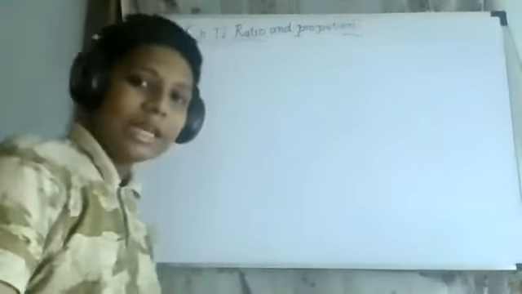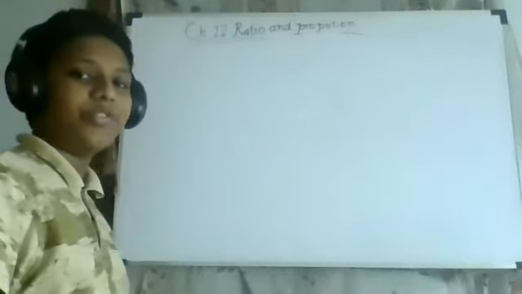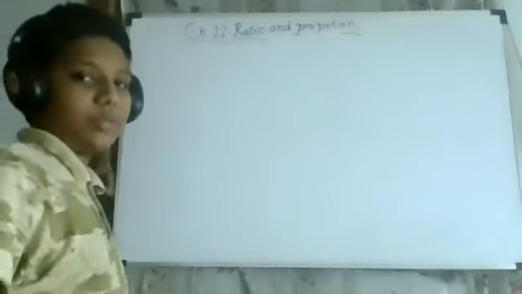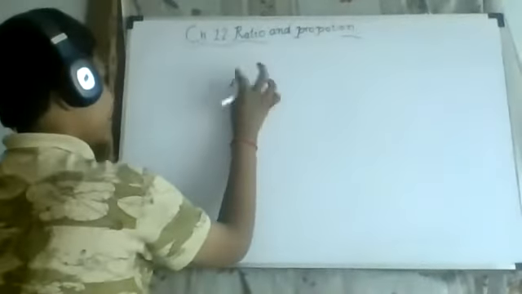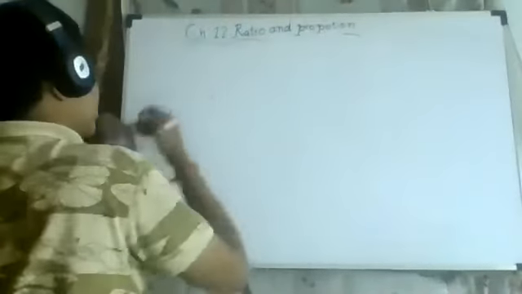Example 1. The length and the breadth of a rectangular field are 50 meters and 15 meters respectively. Find the ratio of the length to the breadth.